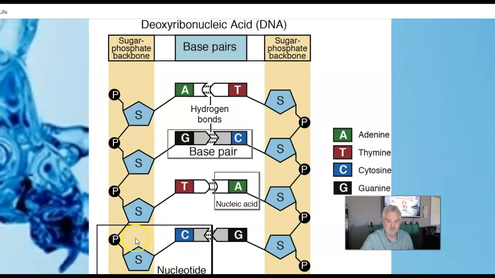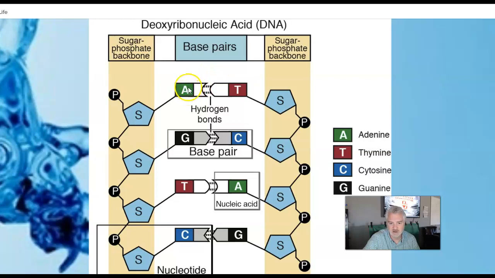Now, the phosphate group and the sugar just make up the backbone, the support of that DNA molecule. If you think about a ladder, they would be like the sides of the ladder. But in the middle is where all the information is. Those rungs of the ladder are where the information is, and these are called bases, or nitrogenous bases, base pairs.